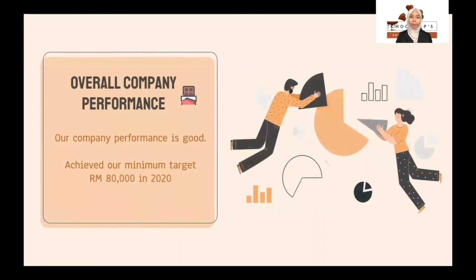Thus, our company performance is good since it achieved our minimum target sales of RM80,000 in 2020. Even though we went through some challenges in 2020, we still managed to overcome them by having an improved marketing strategy to attract more customers to buy our product. Overall, sales in 2020 achieved its goals.